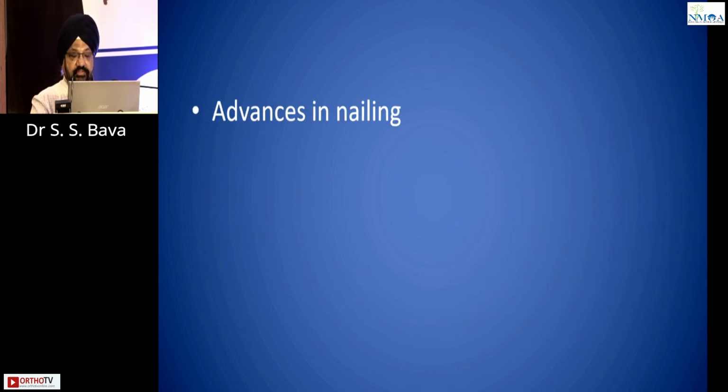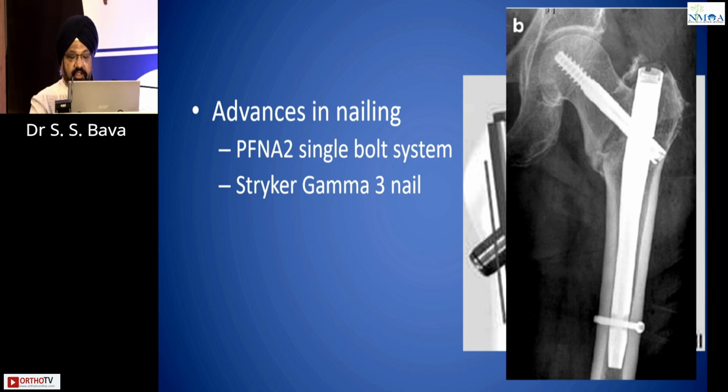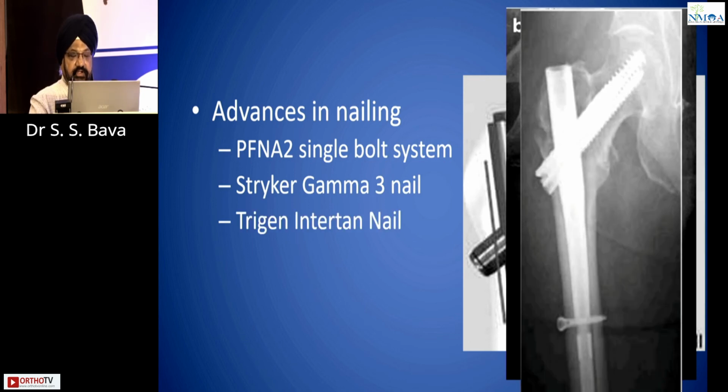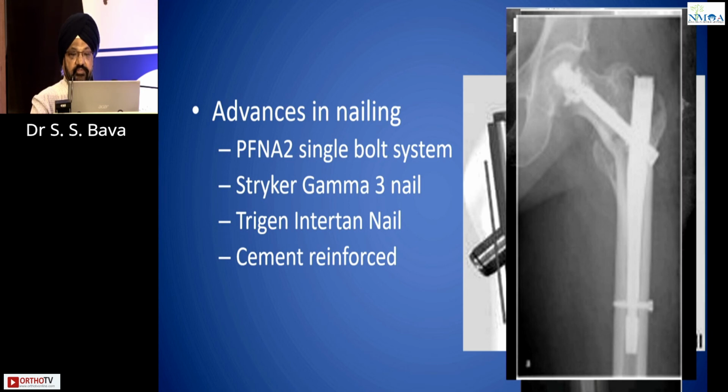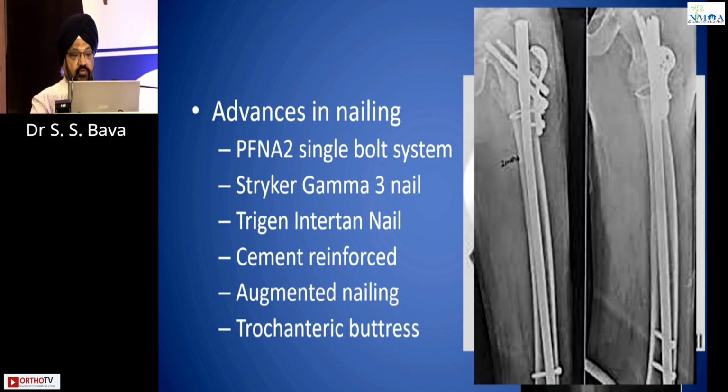Now there are advances which have come for nailing. You also know PFN A2, the single bolt system, single helical blade, Stryker Gamma 3 nail, Trigen Intertan nail. You can reinforce with cement, augment the nail with a wire, or use a lateral buttress plate.